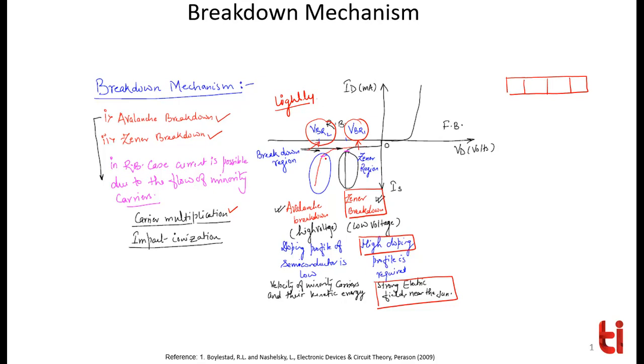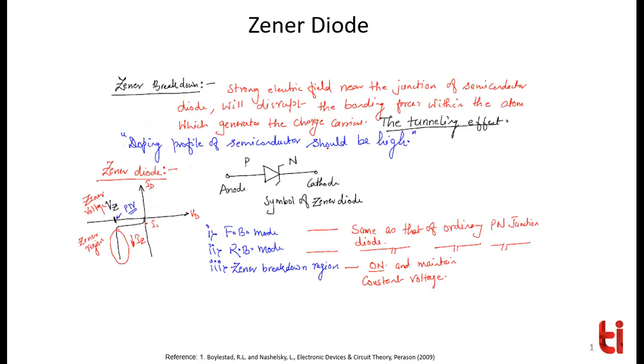So these two types of breakdown we have already studied. Then, based on the Zener breakdown phenomenon, we have one diode which is known as a Zener diode. Let's say we make a diode which has a very high doping, a P and an N with very high doping, and it has a particular Zener voltage.